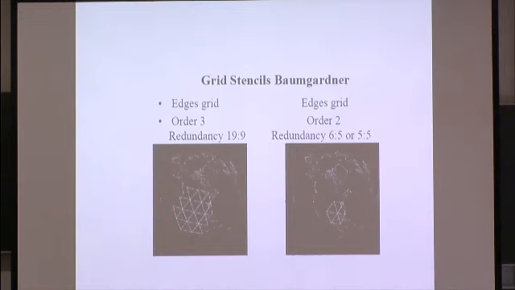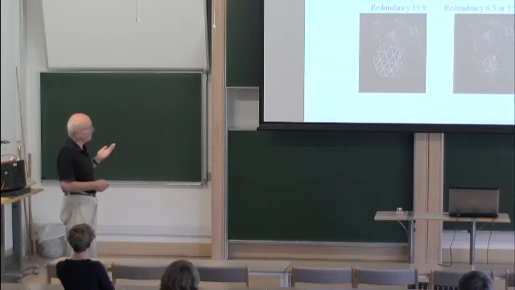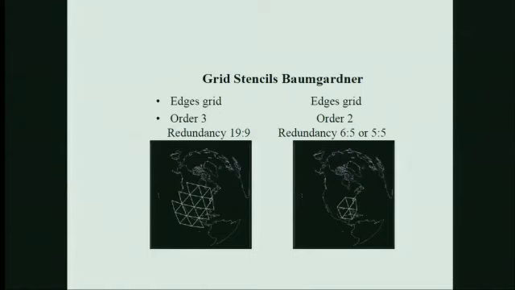If you do this for third order, you have to go further out, and you have much more than 10 points. You would need 10 points for third order, and this would at least make it very inefficient. And so the immediate generalization from here to here is not possible.